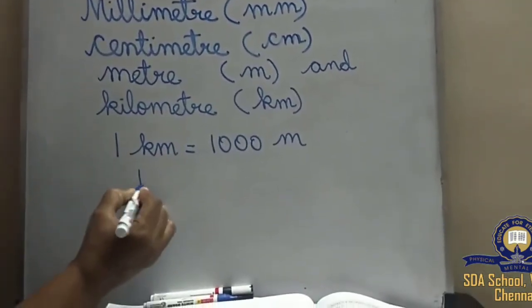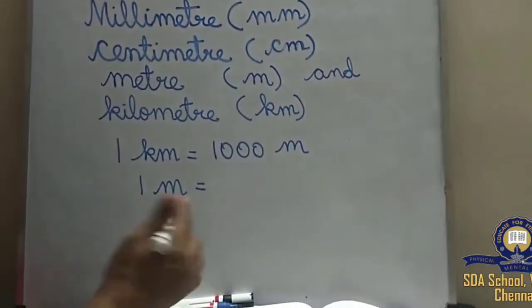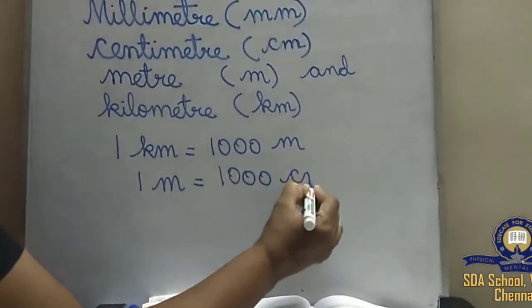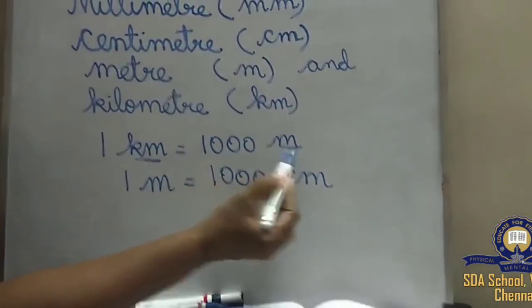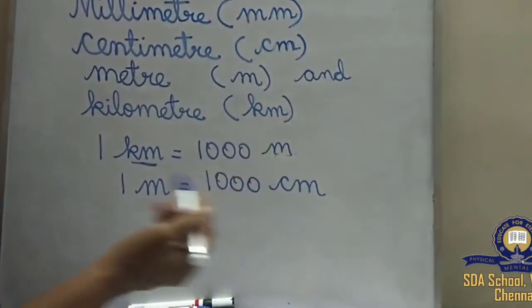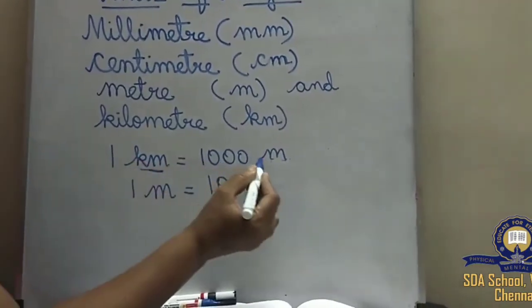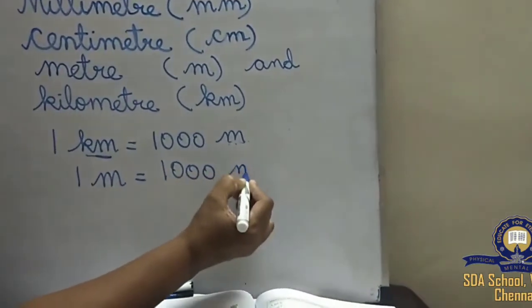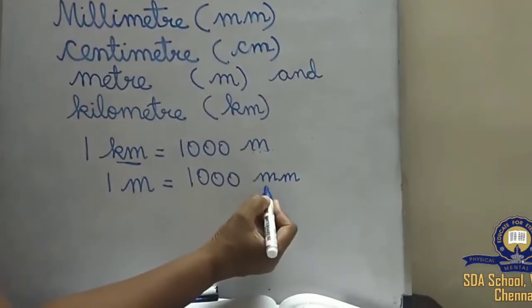And then 1 meter is equal to 1000 centimeter. Sorry children, I wrote centimeter. It's 1000 millimeter.